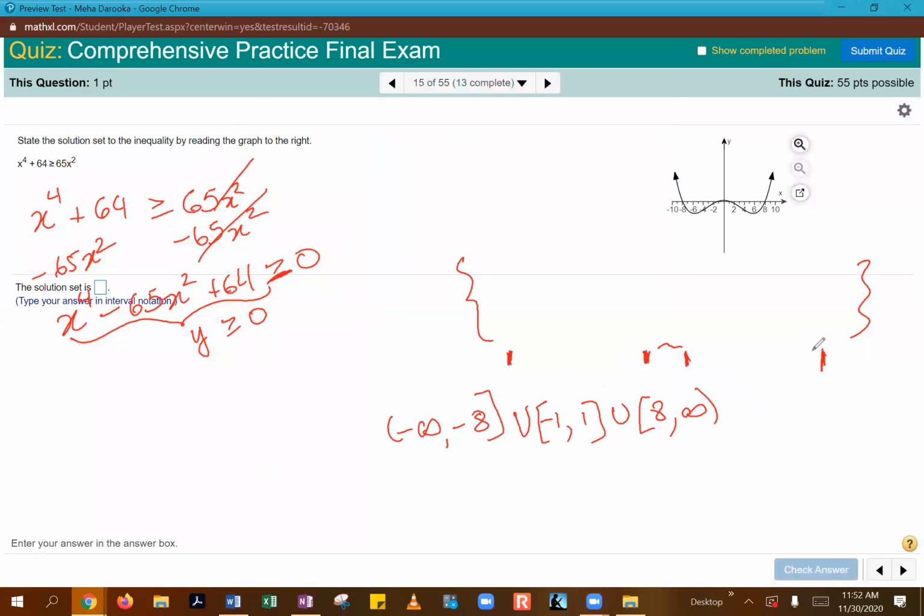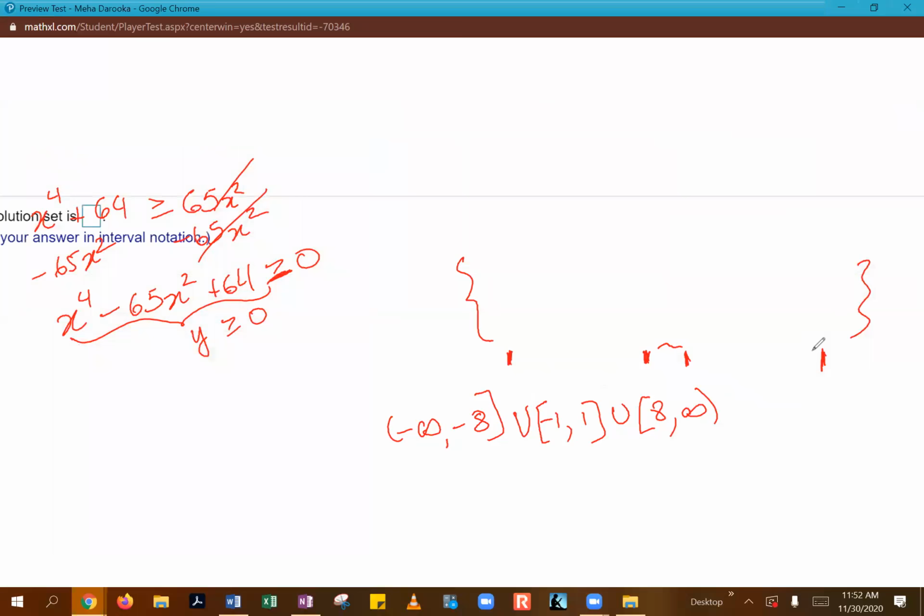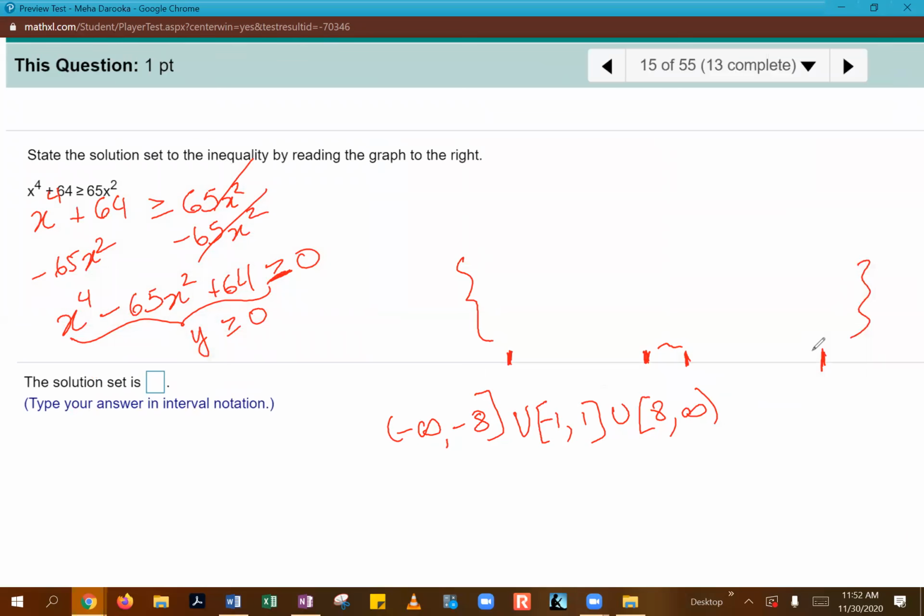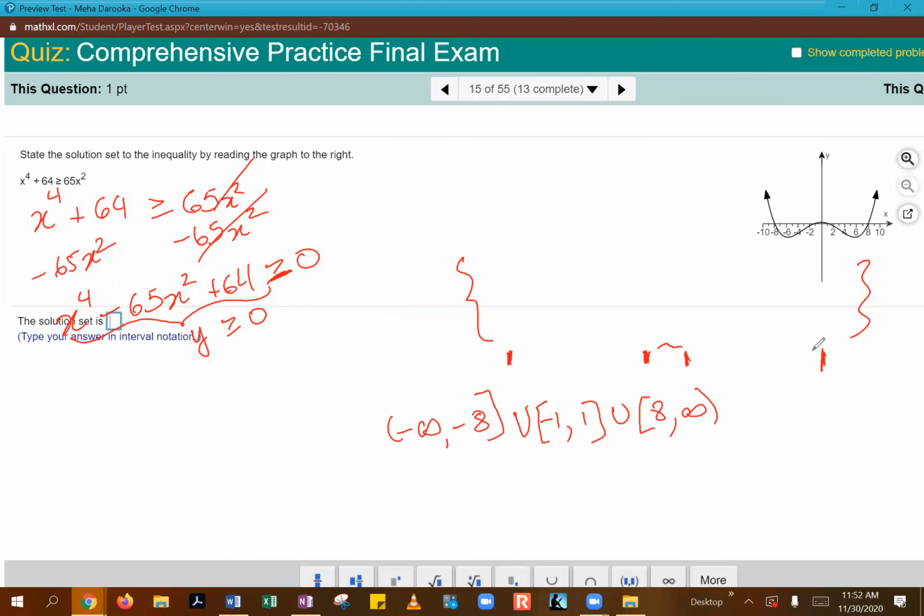I'm just going to make this a bit smaller. Okay, so we are going from -infinity to -8, including that, union from -1 to +1, including that, union including 8 to +infinity.